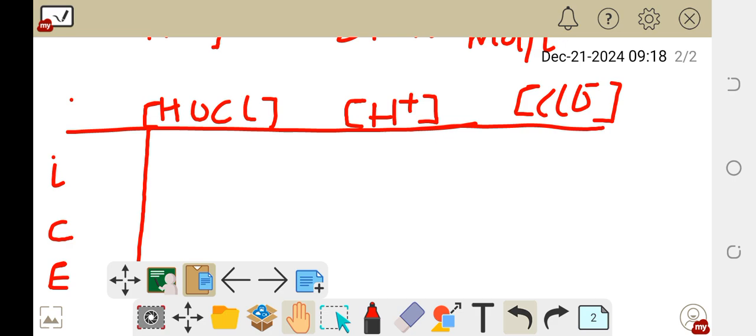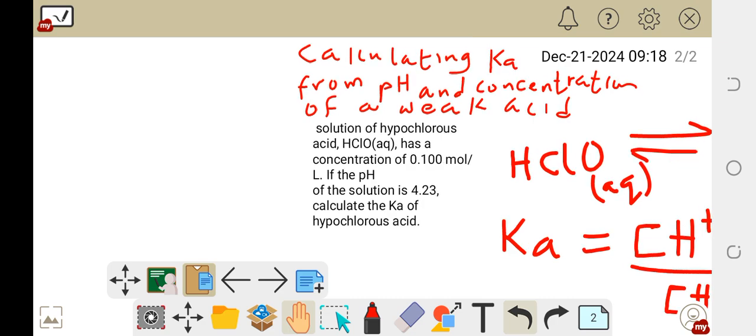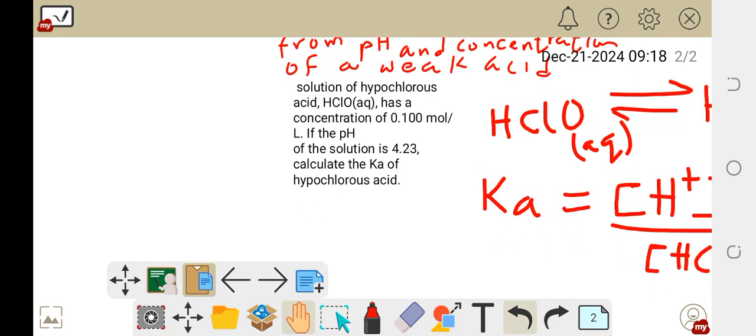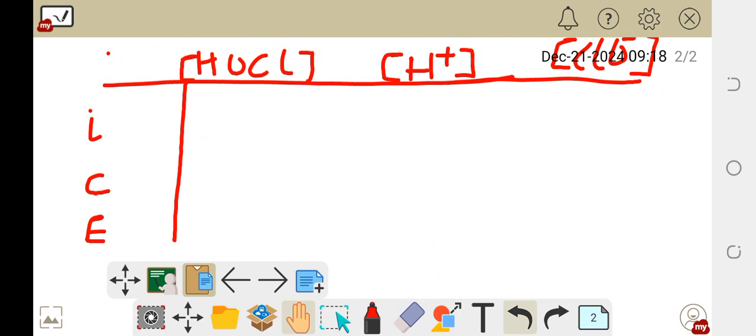Now, initially we were told that the concentration of the hypo is 0.1 mole per liter. So we can have 0.10 here.